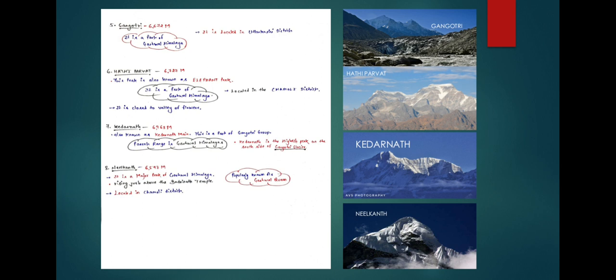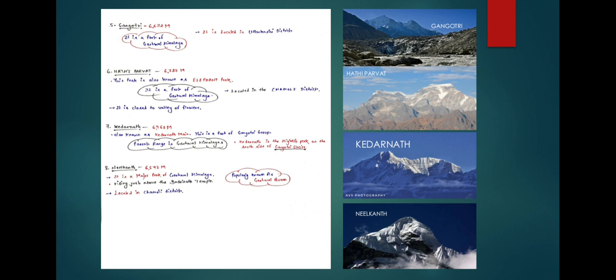And then here is the Hathi Parvat. The location of this peak is in Chamoli district. Here we got one peak again situated in Chamoli district, and it is a part of the Garhwal Himalayas.